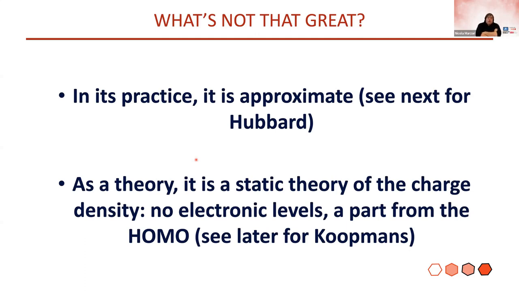And also in all of this, remember that the energy levels of the Kohn-Sham electrons have in principle nothing to do with the electronic excitations of our system. The Kohn-Sham electrons are just a trick to get the quantum kinetic energy, at least approximately.